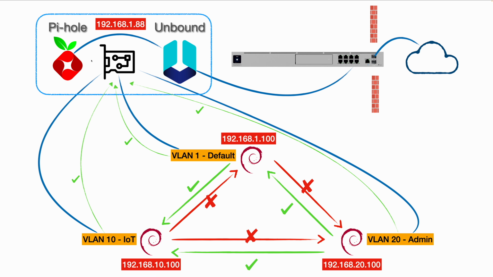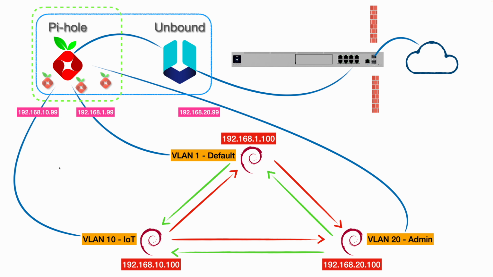Apparently, the idea for the second approach is: why not provide DNS services in each single VLAN? So then we don't need to touch the firewall rules. We don't even need to touch the Pi-hole configurations. We simply need to work on the operating system's network configurations.